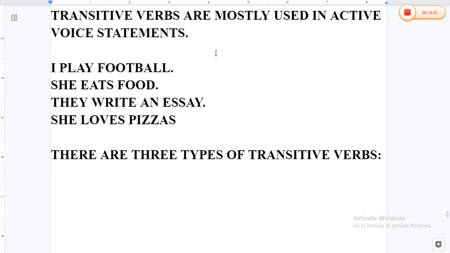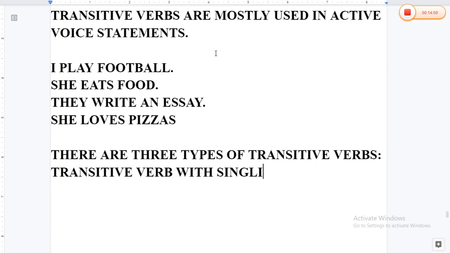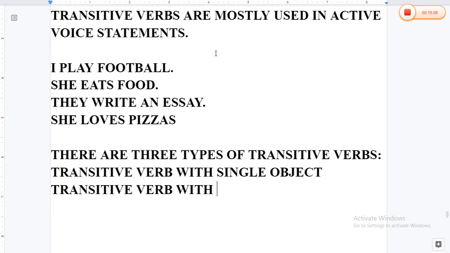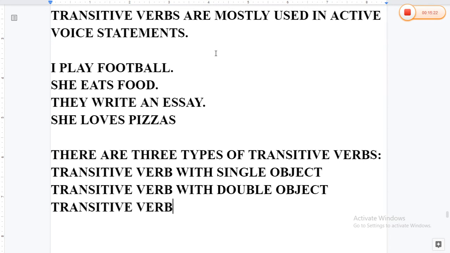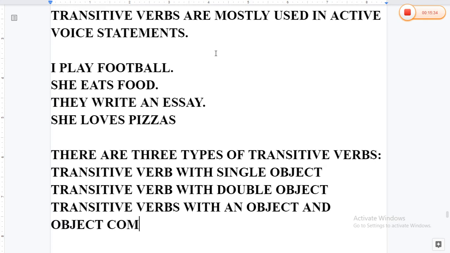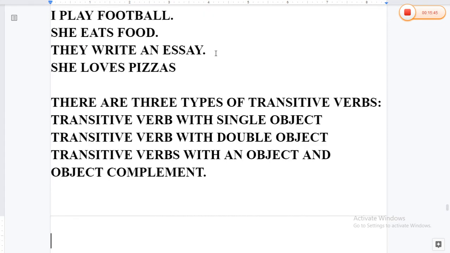First one is transitive verb with single object, transitive verb with double object, and transitive verb with an object and object complement. So there are three types of transitive verb.